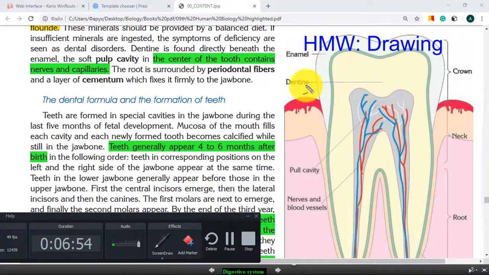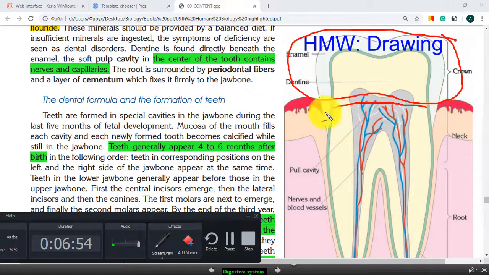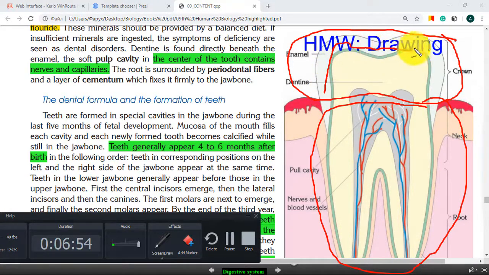The anatomical structure of the teeth mainly consists of two parts: the crown part and the root part. The crown part is covered by enamel, which protects the tooth.